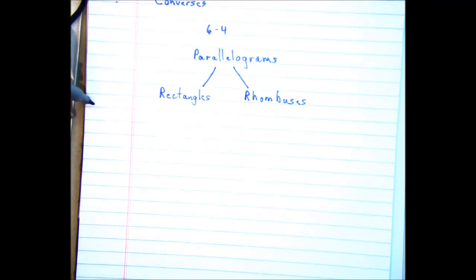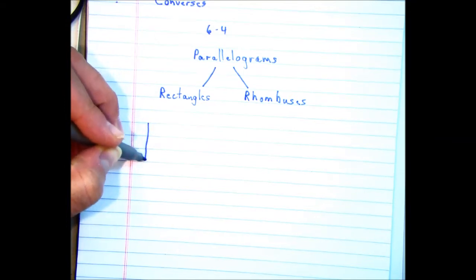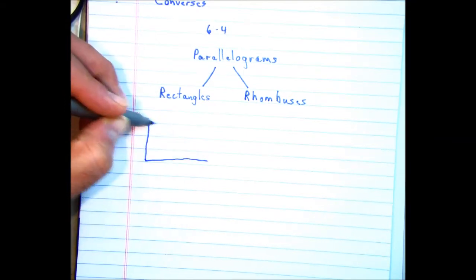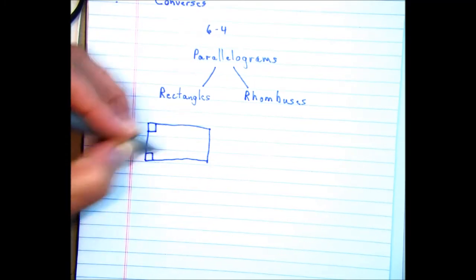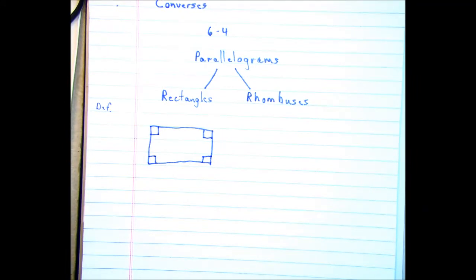And the definition of a rectangle, anybody want to take a guess what the definition of a rectangle is? I hope you said a definition of a rectangle is any shape with four right angles. That is what a rectangle is by definition.